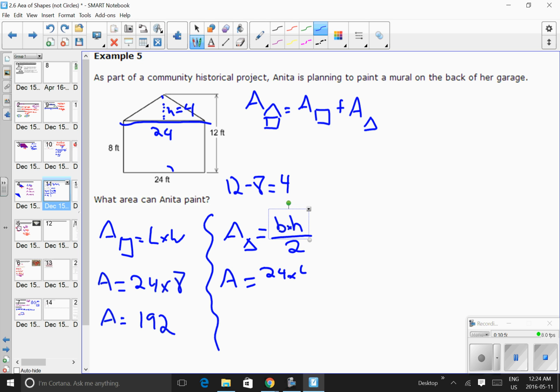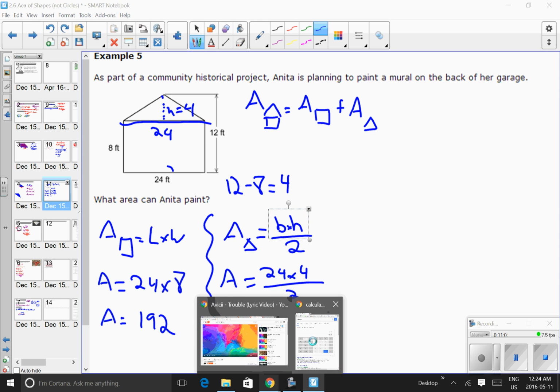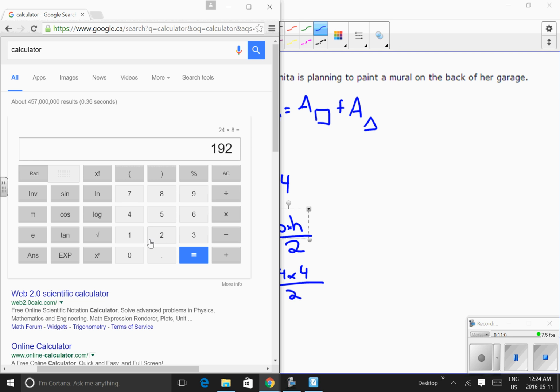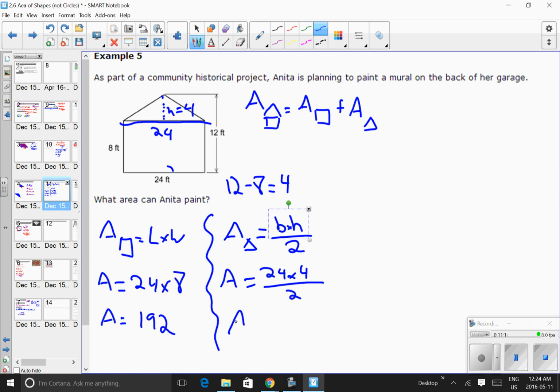My height was 4. Now I'm going to divide by 2. All right, so I can do this all in one nice step on my calculator here. So 24 times 4, then divide by 2. Bam, that's 48. Alrighty.